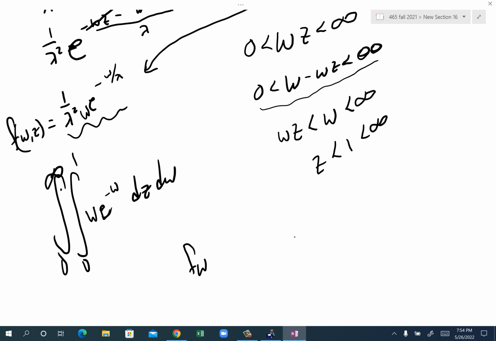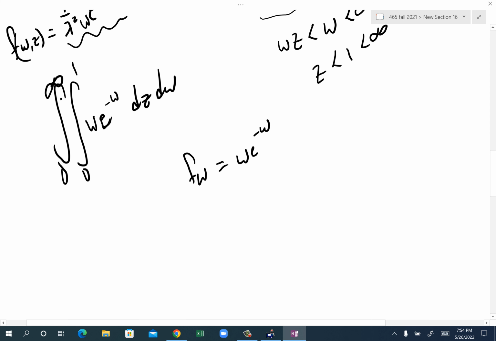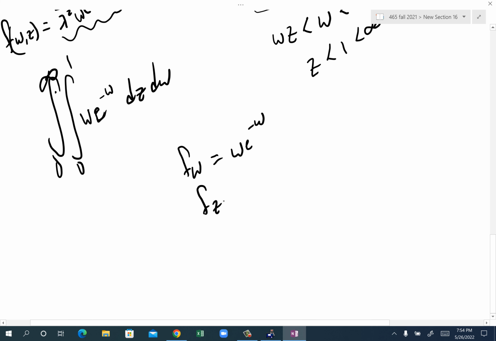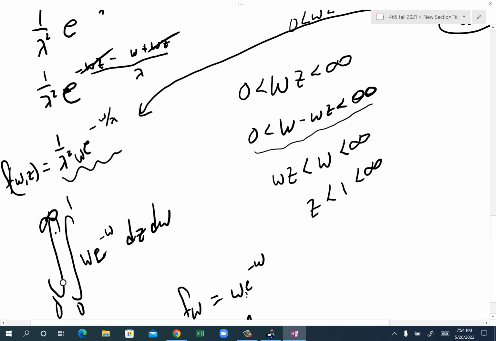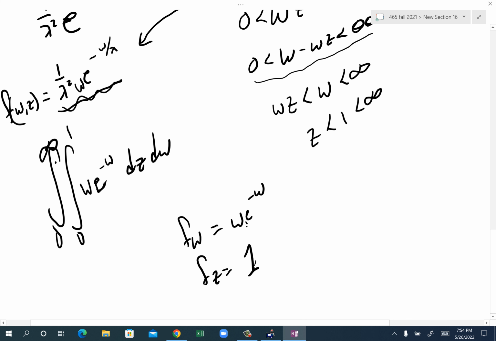Suppose I take this times this. What do you get? That times that is, wait for it, this. Am I right? The only difference is I didn't have my lambdas in there. So what does that say about W and Z? It says they're independent.